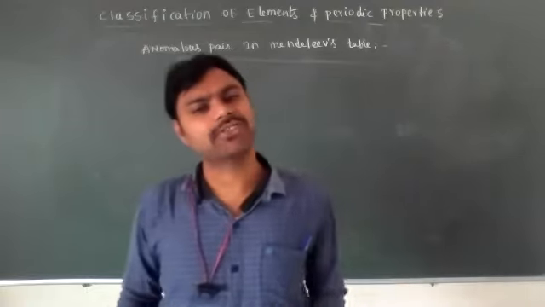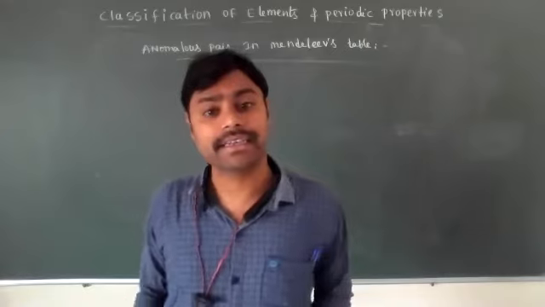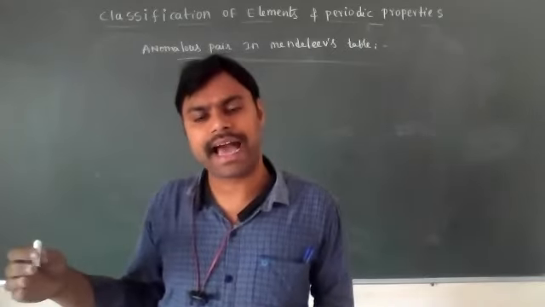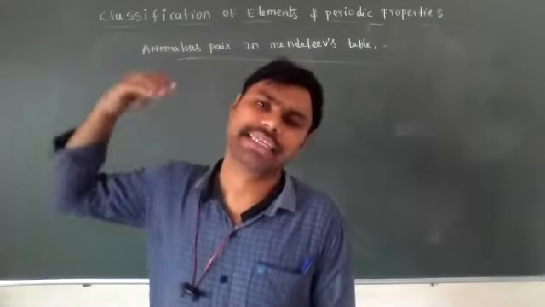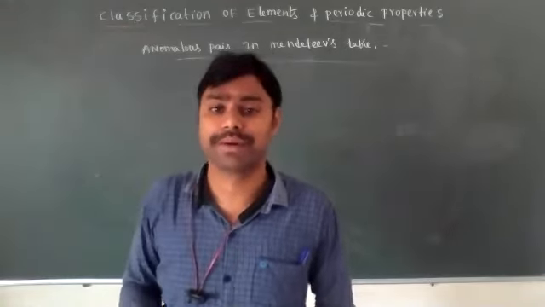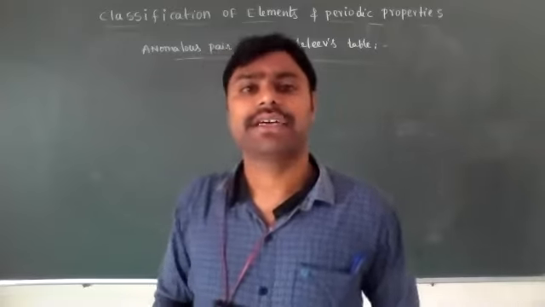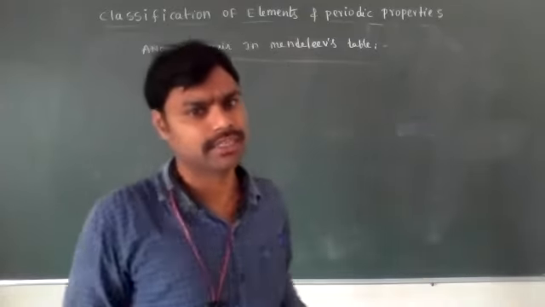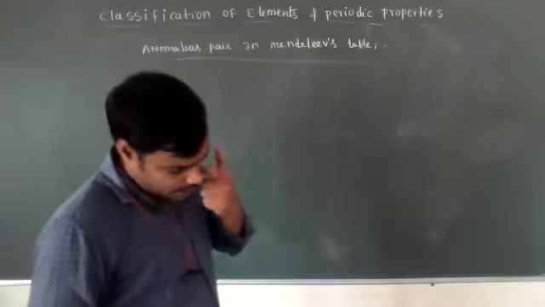Anomalous pairs means: we know very well that if an atom has a higher atomic number, its atomic weight should also be higher. But here the reverse came. Such pairs are called anomalous pairs.